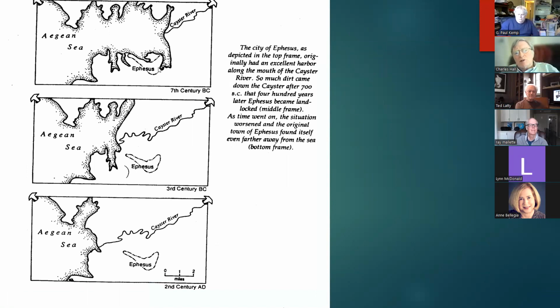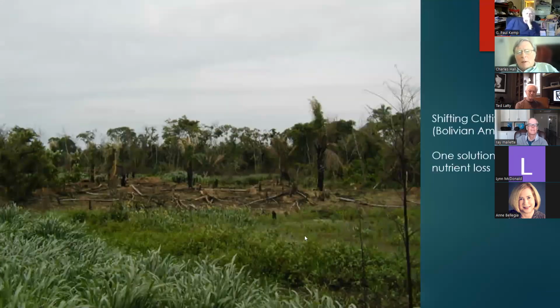You can see this in ancient maps of the city of Ephesus, which was a seaport on the Aegean Sea 700 years ago or 900 years ago. And then 500 years ago, this whole area had already silted in because the forests were gone. And then today it's like this. So erosion became important and it affected things in many ways.